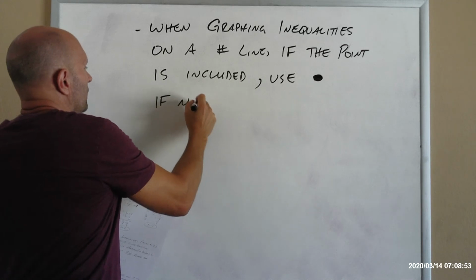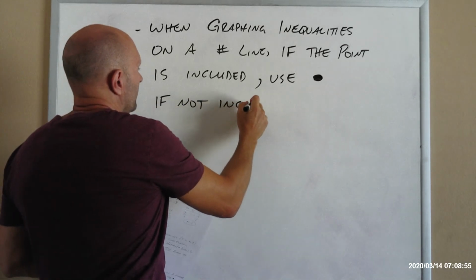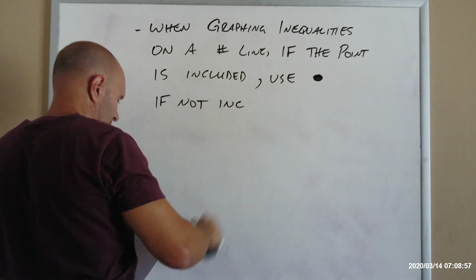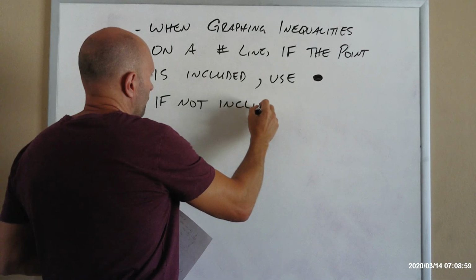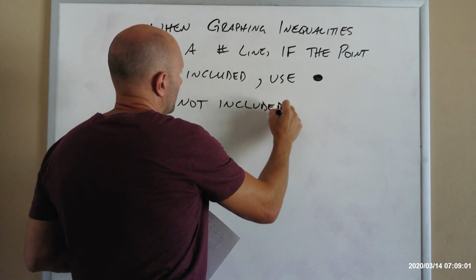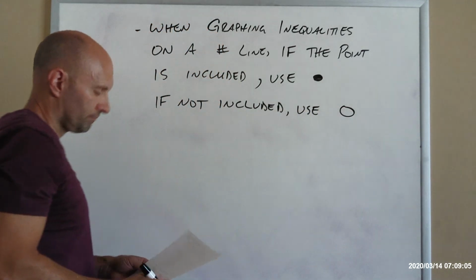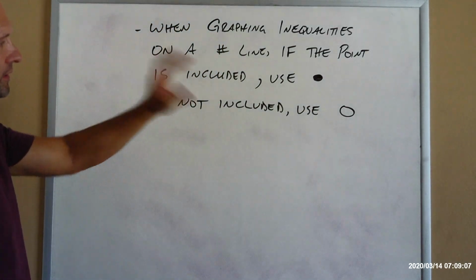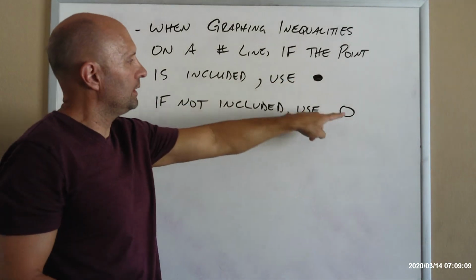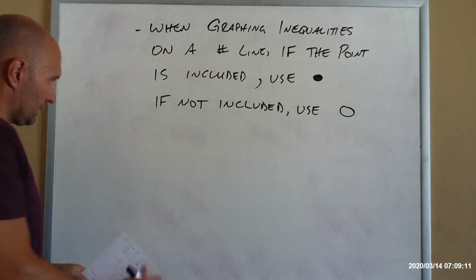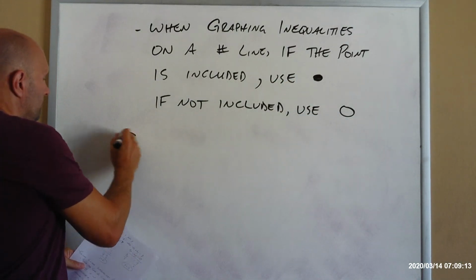If not included, so let's say we just have x is greater than 4, so it doesn't include 4, it's only greater, then we use an open circle. That's our indication that it's not included. Is included, not included. Let's look at an example.